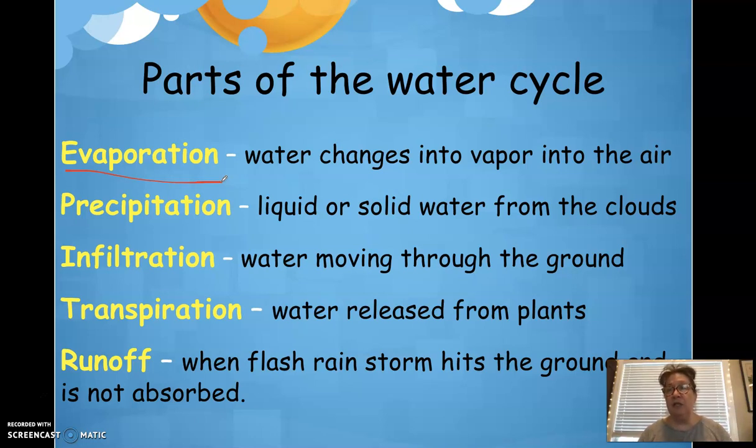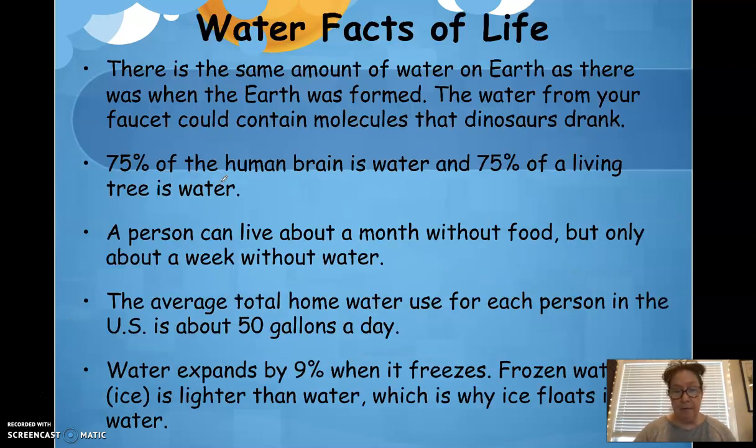And with that, it could deposit or take with it some of the soil and things like that that can create some environmental hazards with the amount of soil that's in our water, meaning a turbidity problem.